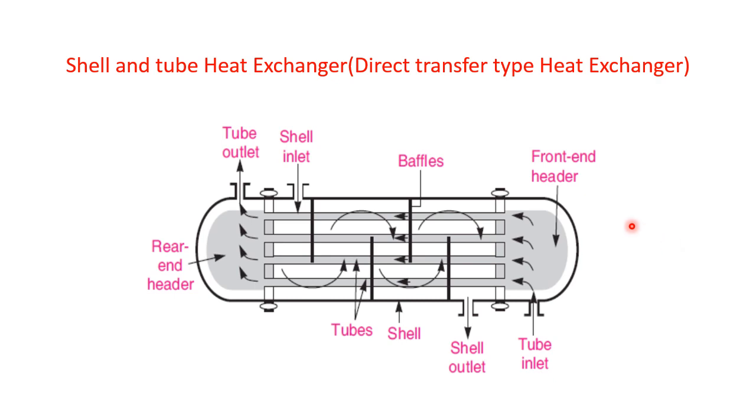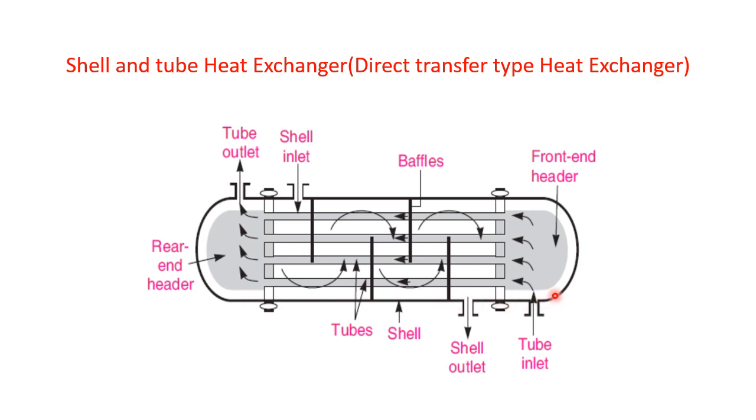The main components of this shell and tube heat exchanger are tubes. These are the tubes where one type of fluid is entering, and this is the shell. This entire outside portion of the tubes is called the shell.